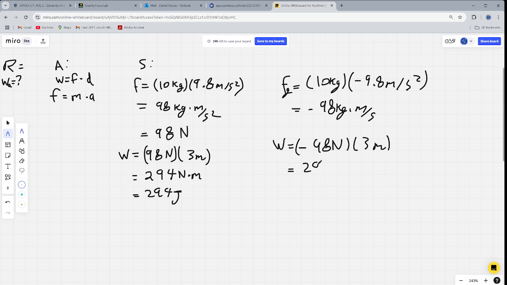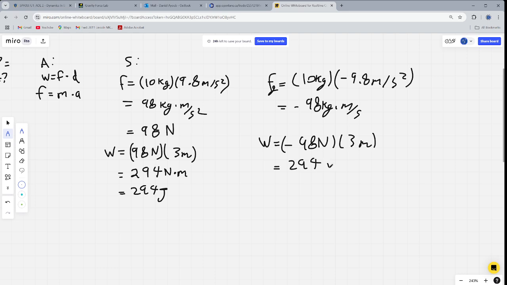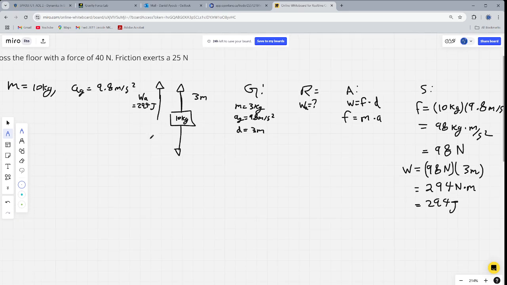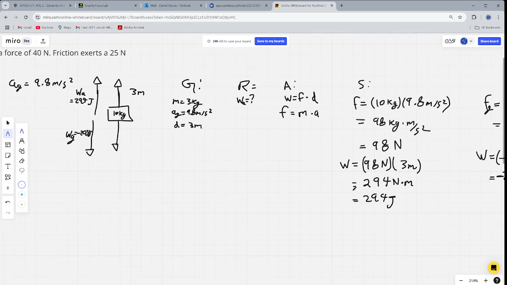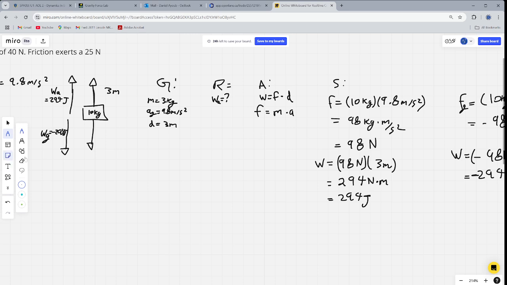And we're going to solve it, 294 joules, and don't forget to make it negative. Okay, so now we know that the work done by gravity on this box is equal to negative 294 joules. Okay, and the net work, or the total work being done to this box, is 0.